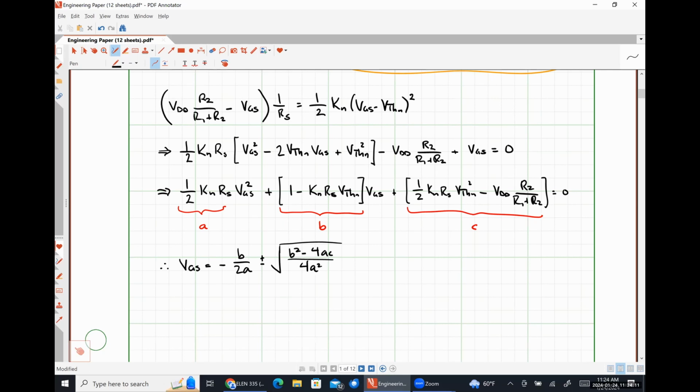So all I've done is I've taken the over 2A from the denominator of our normal quadratic equation and just split it out so I could move some of it inside the square root sign.